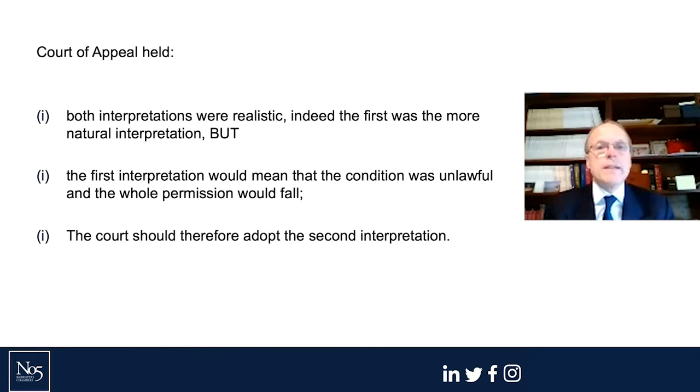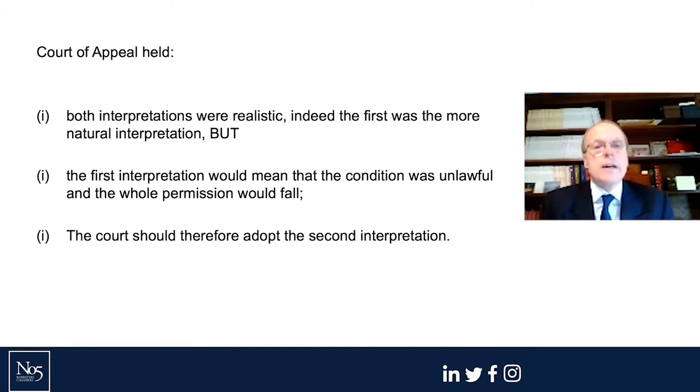The Court of Appeal held that both interpretations were realistic, both the council's and my client's. Indeed, the council's interpretation, namely that it did require the dedication of the roads as public highways, was the more natural interpretation.